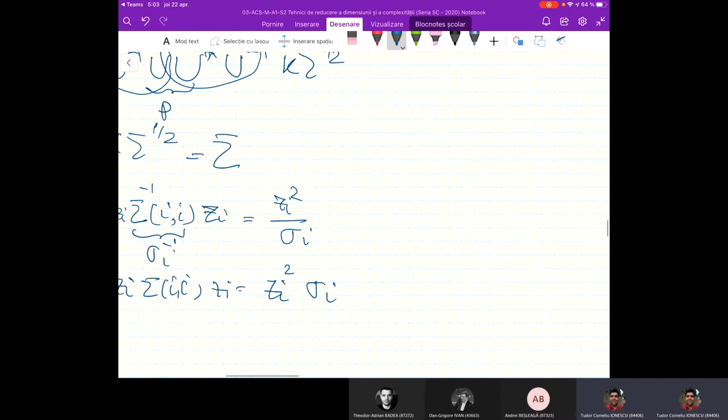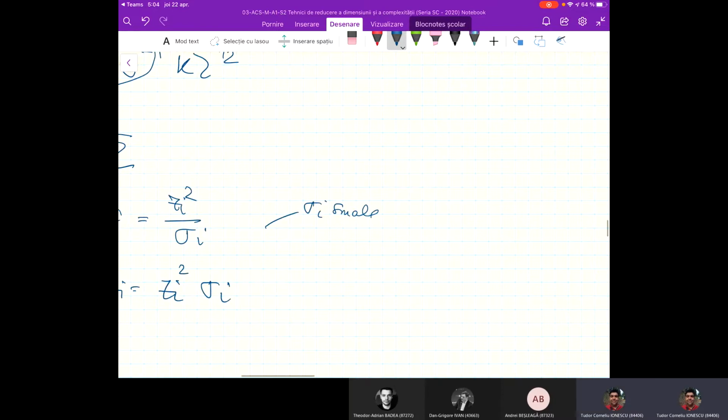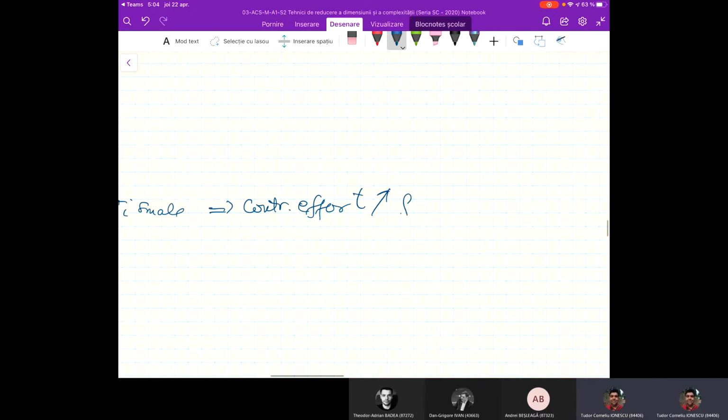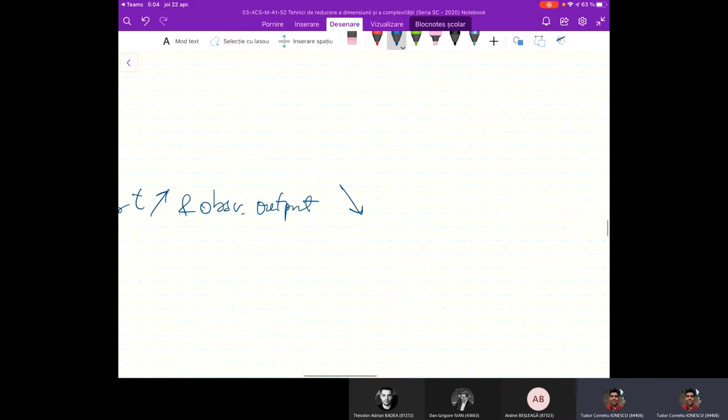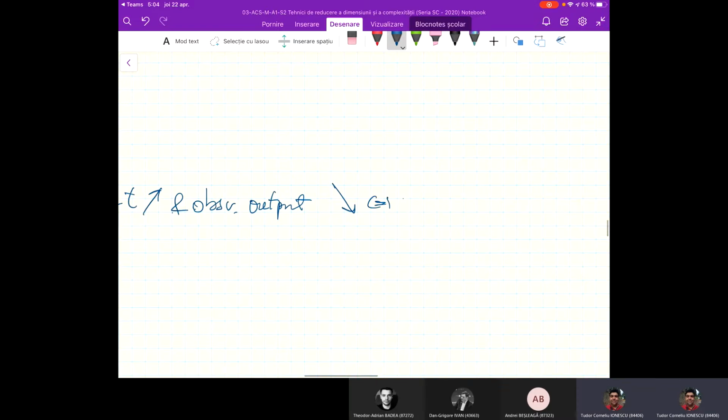Now if sigma i is small, that means the controllability effort is large, and the observability output is small. This is equivalent to saying that the state zi is almost non-minimal.